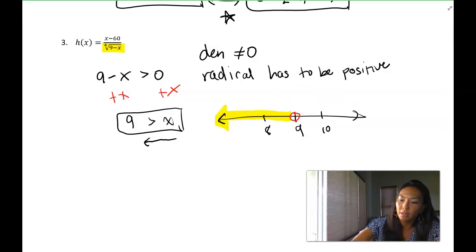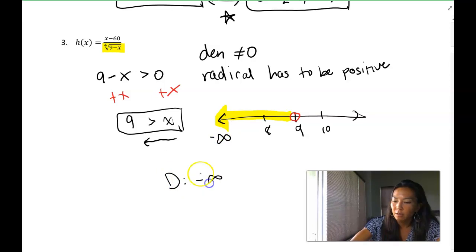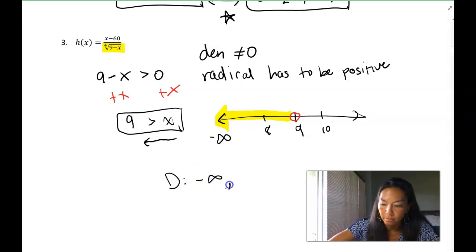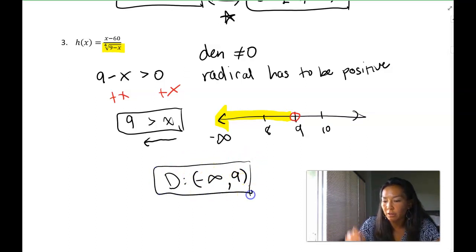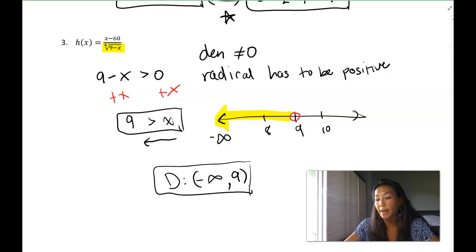So my domain on this side is negative infinity to 9, and we don't want to include 9. Remember again, 9 is included if it's just a radical in our numerator because we can have 0. We can square root 0, or in this case, 4th root. But we cannot have 0 in our denominator because we cannot divide by 0.